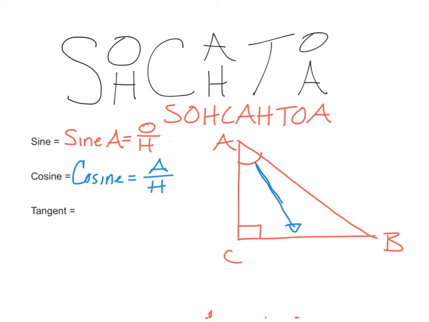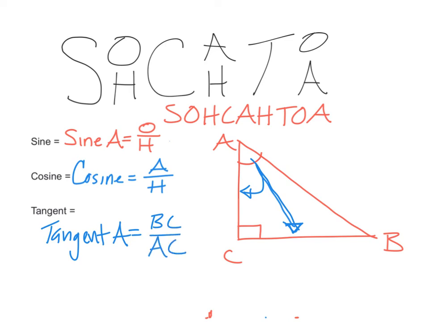So the tangent of A in this triangle would be opposite, side BC, over AC. Or in general terms, tangent is equal to opposite over adjacent.